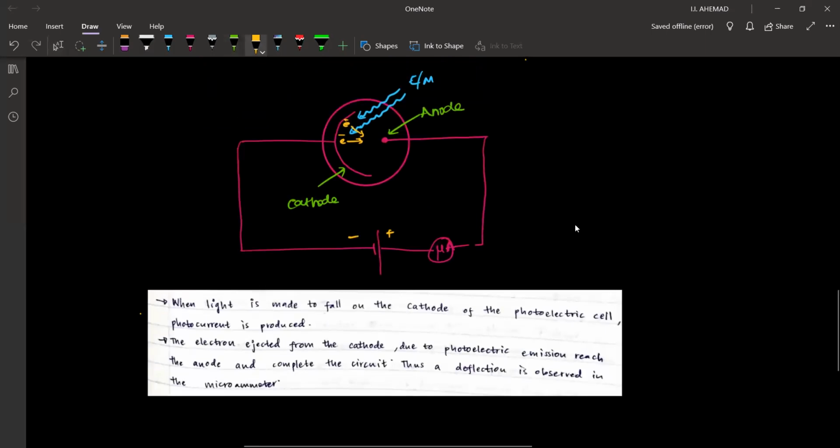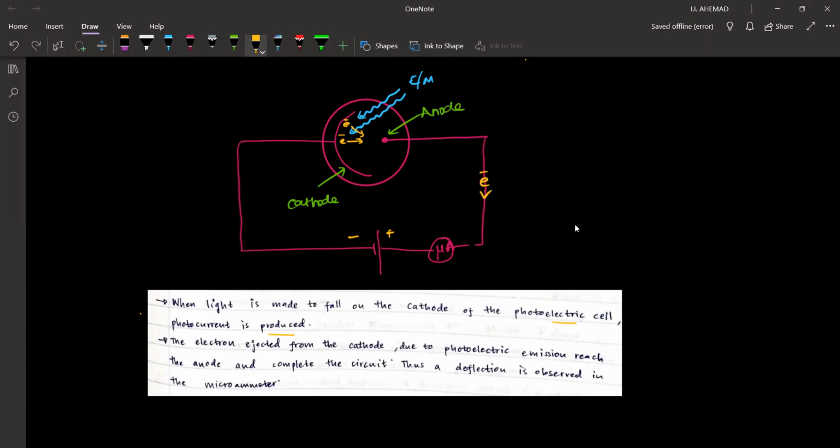Under this, write these 2 points. When light is made to fall on the cathode of the photoelectric cell, photocurrent is produced. So this current we call the photocurrent. When electrons flow in the circuit, it's photocurrent.